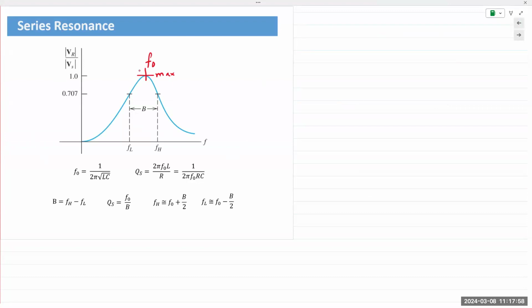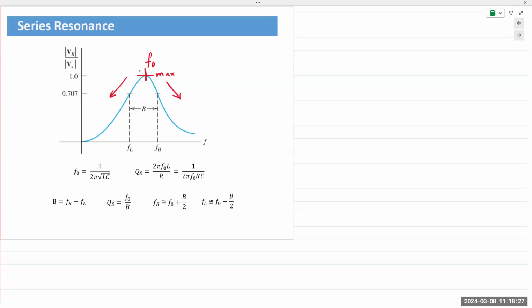Because this is showing the normalized value of the transfer function, the maximum value of that resistor voltage, V out, would be equal to Vs, the input voltage, right? So the ratio, the transfer function maximum, would be 1. For all other frequencies higher than or lower than F0, the value of VR would be less than V in.